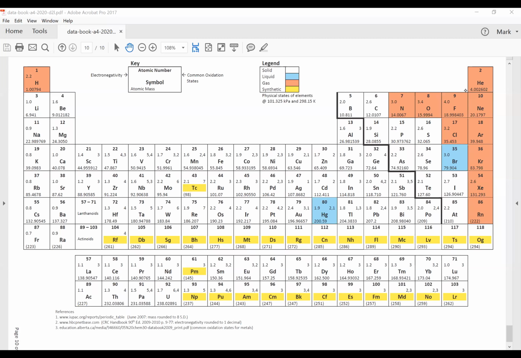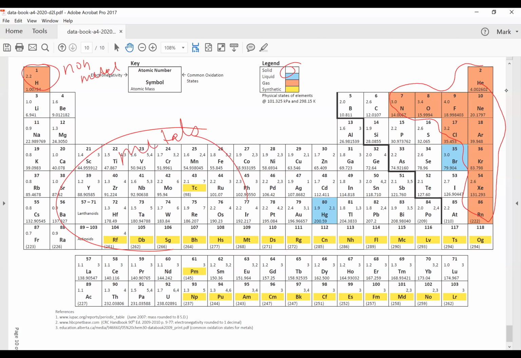If you look, again, we have our gases here. Hydrogen is a non-metal as well because it's a gas. All of these are metals and they're solid. But look, there are only 2 blue things on that whole periodic table. Only 2 of these elements exist as liquids: bromine and mercury.